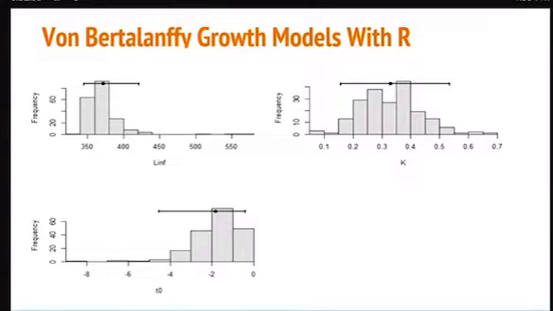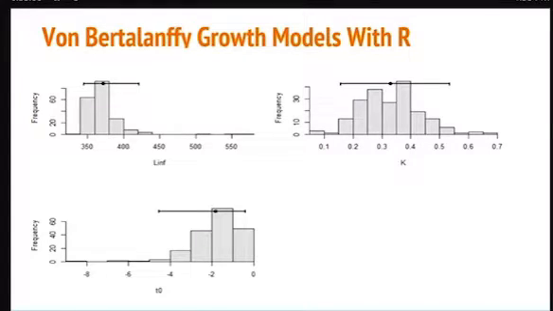Bootstrapping 200 times means I'm going to have 200 values for L infinity, 200 values for K, 200 values for T0, and I will need to get a distribution for that. You can see the distribution now in terms of the histogram. Some are skewed. Some are approximately normal.